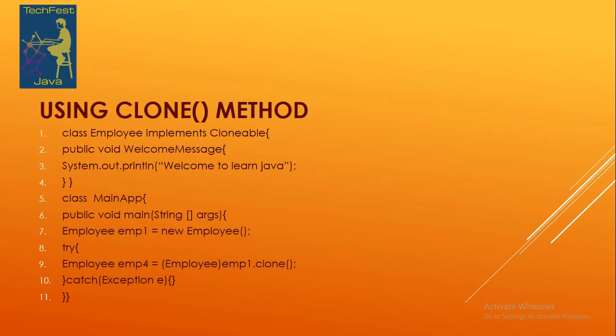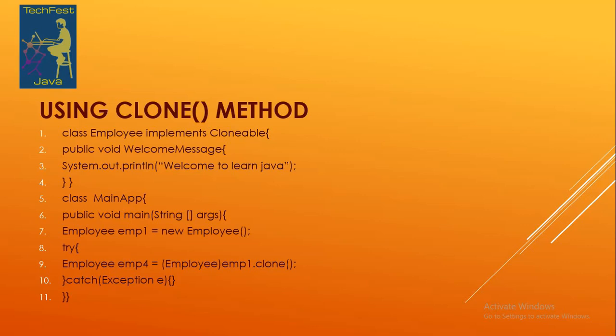As we can see, we have made a slight change in the employee class for creating an object by using the clone method. We have just implemented Cloneable in the employee class, and in the main class at line number 9 we can easily create an employee object by using the clone method.